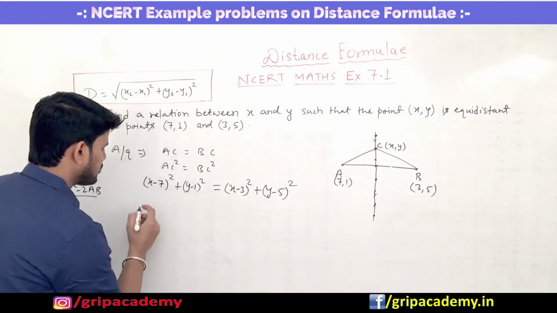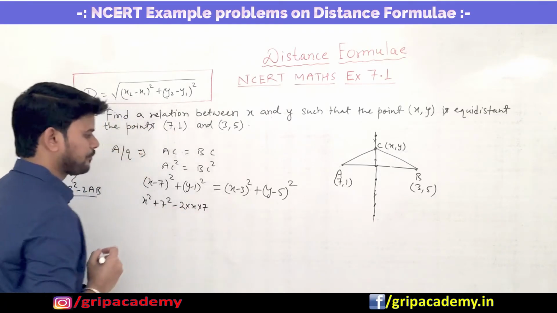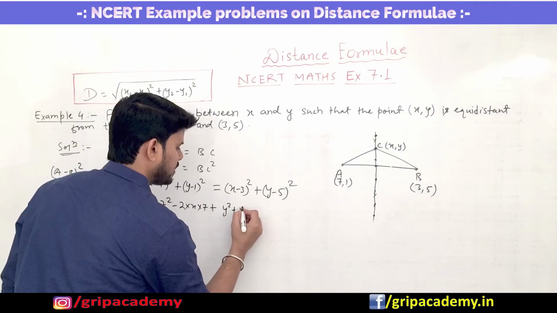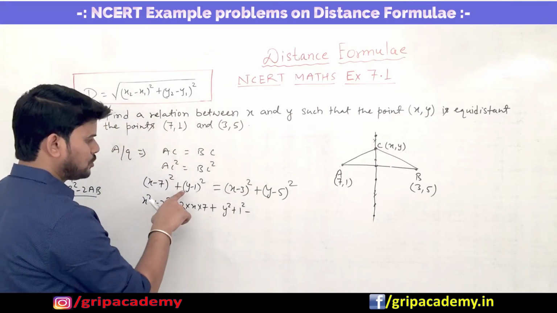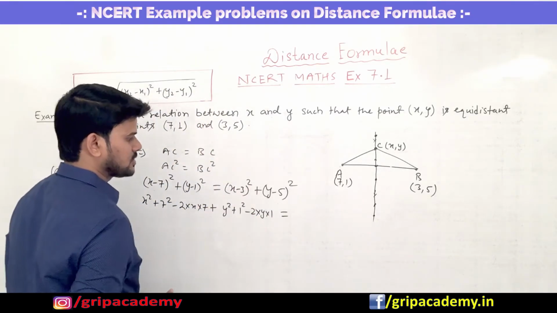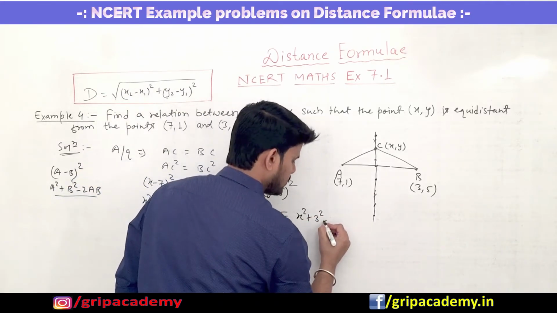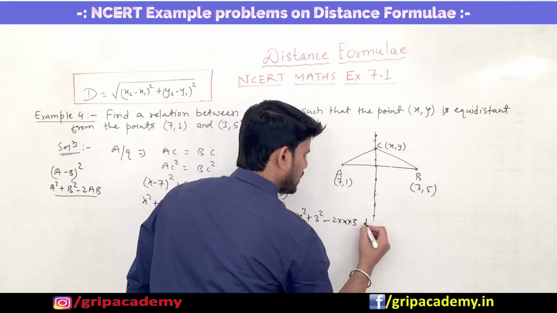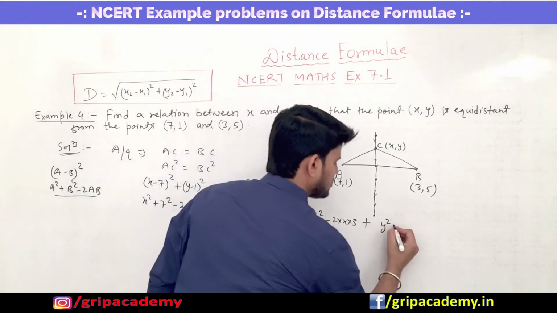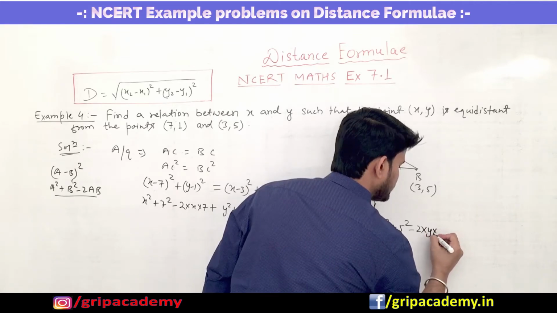So x minus 7 whole square will be x square plus 7 square minus 2 into x into 7, plus y minus 1 whole square will be y square plus 1 square minus 2 into y into 1, equals x minus 3 whole square, that is x square plus 3 square minus 2 into x into 3, plus y minus 5 whole square, that will be y square plus 5 square minus 2 into y into 5.